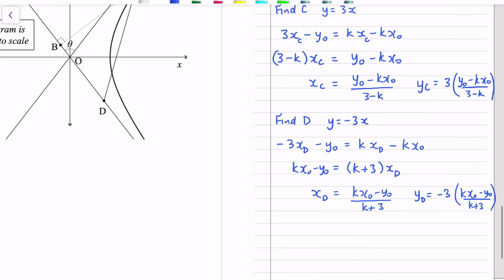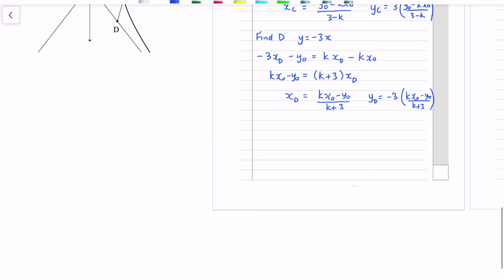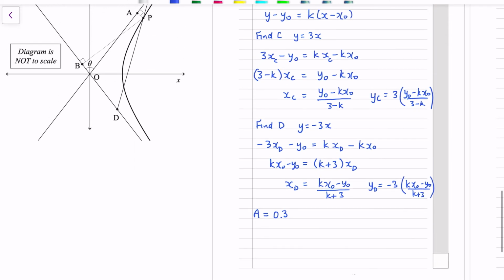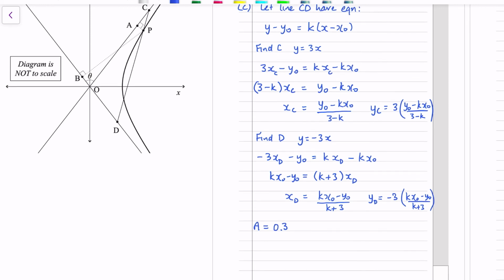Okay, so we want the length of OD multiplied by the length of OC times by 3. So, area is 0.3 times, the line OC is just the distance from the origin of the point C. So I take the x value of C, square it, take the y value of C and square it, so I get 9.